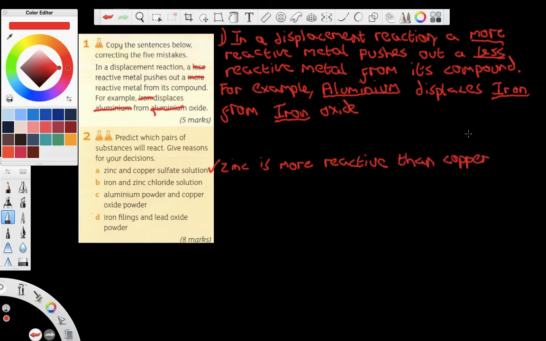For reaction B, you should have said that there is no reaction. There wouldn't be a reaction because zinc is more reactive than iron.